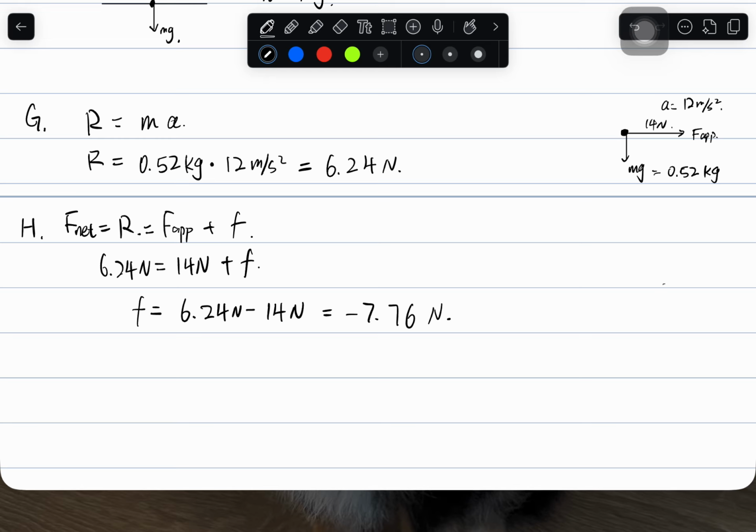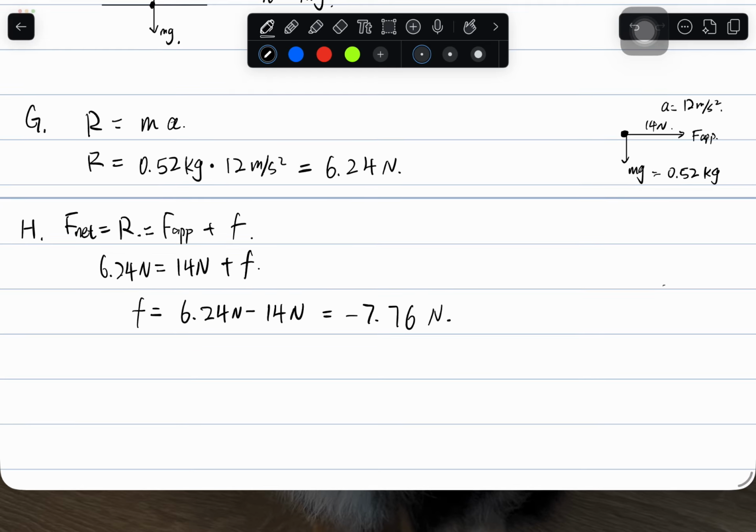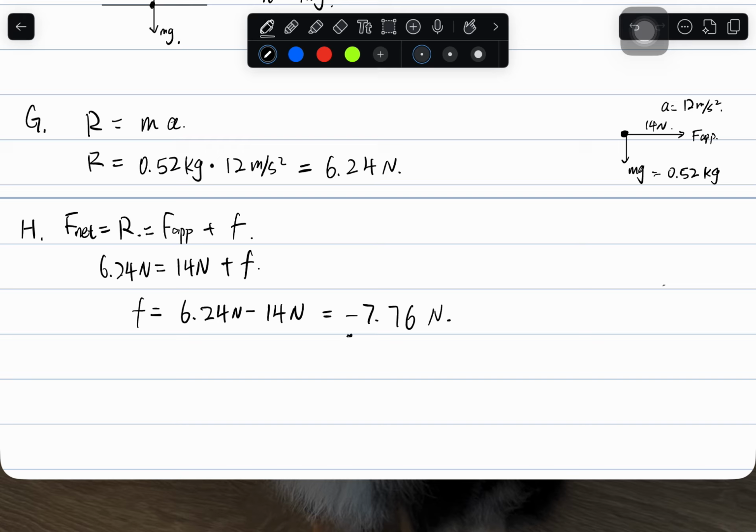This is correct because if we set the applied force as the positive direction, the friction is opposite to the applied force, which is negative. So this is the correct answer: negative 7.76. And thank you.